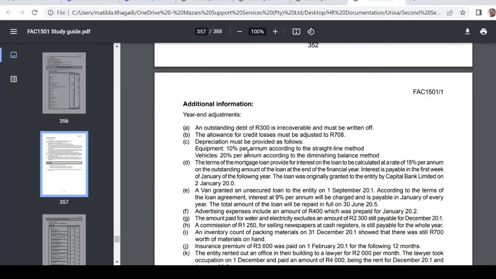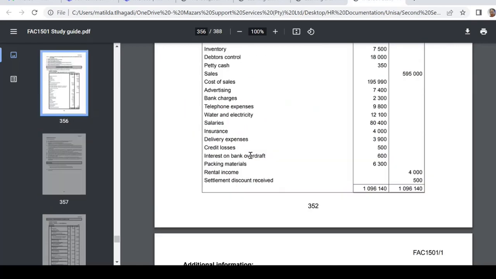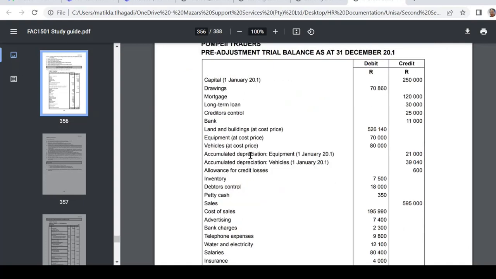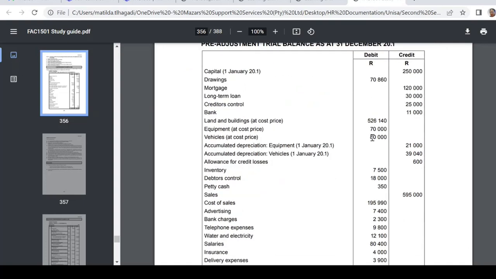And then what is the depreciation for vehicles? For vehicles, we're going to take 80,000 less 39,040, and then multiply it by 20%.